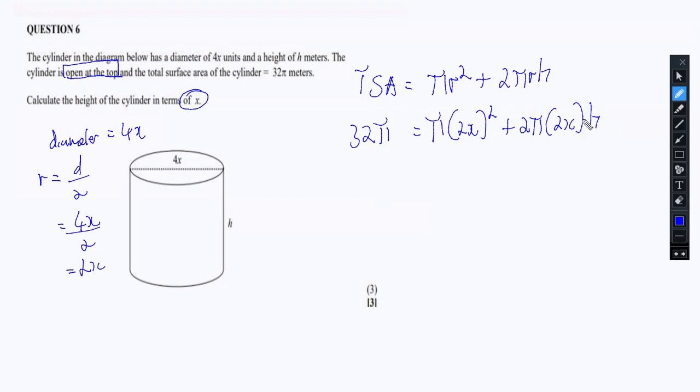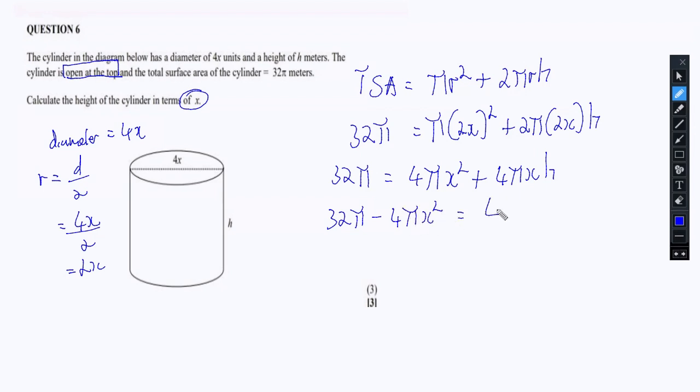So basically, I want to make h the subject of the formula. So that's 32 pi. Here, 2 squared is 4, and then this is 4 pi x squared. And then right here, we'll have 4 pi x h. And then we can take this and transpose it over to that side: 32 pi minus 4 pi x squared. Remember, we are trying to isolate h.